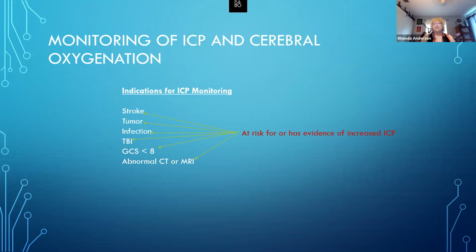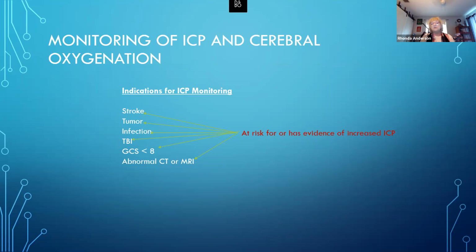Now, monitoring of ICP and cerebral oxygen, there are some indications for ICP monitoring. We're looking at patients that are at risk or who have evidence of an increase in their ICP. So strokes, tumors, abscesses or infections, encephalitis, traumatic brain injury, anybody that has a Glasgow Coma Score less than 8, because once a patient has a Glasgow of 8 or less, they're considered to be comatose.